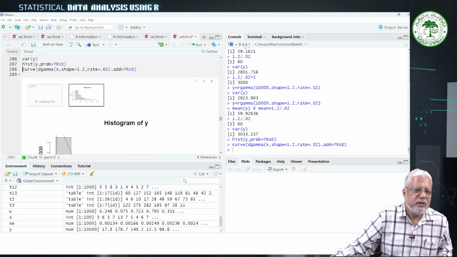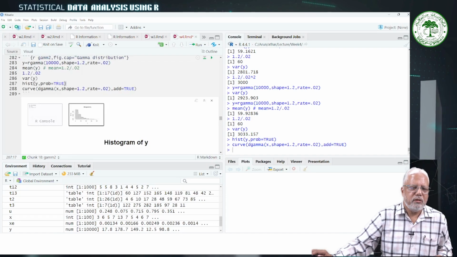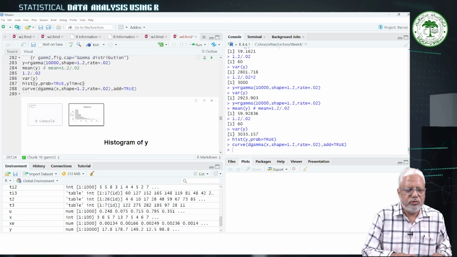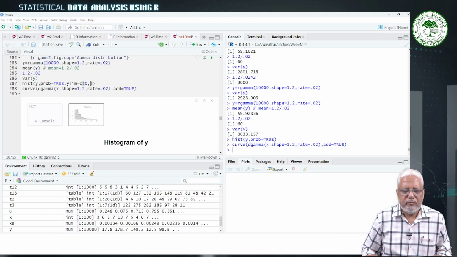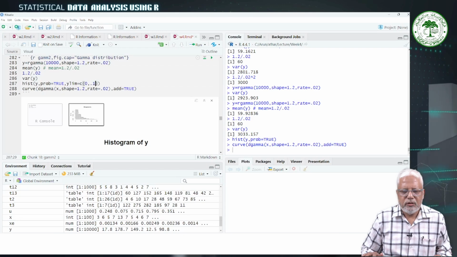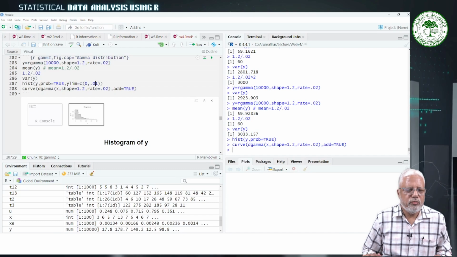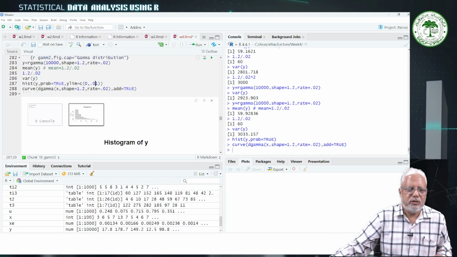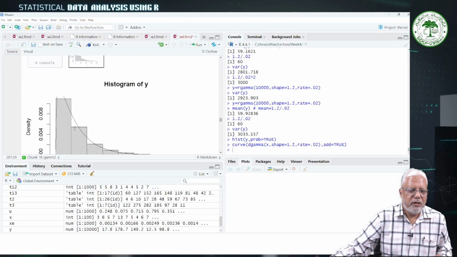So if we put here ylim is equal to c(0, 0.01). Now see what happens, because earlier we were having this thing cut. Now we want to make it safe.